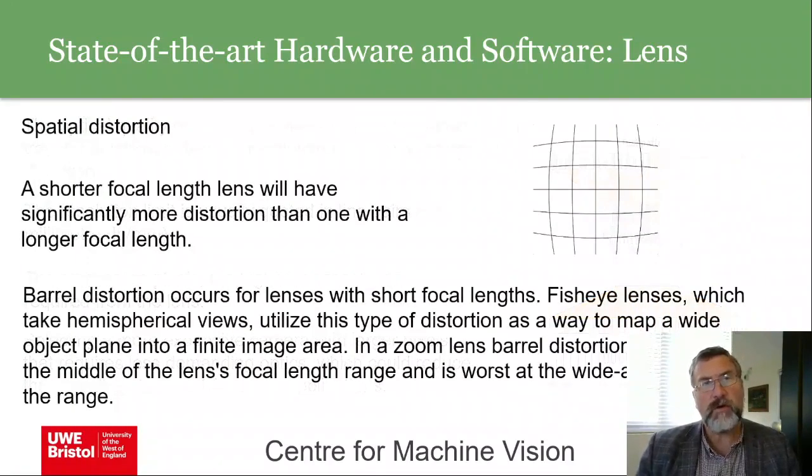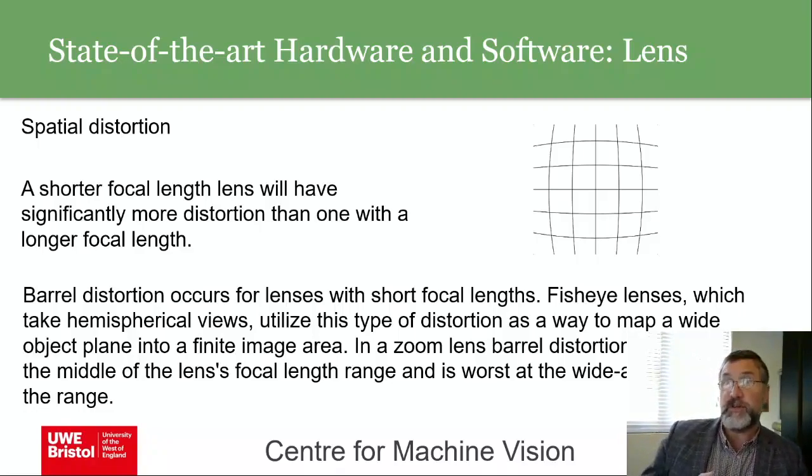One thing to be aware of is that you don't always want to get a very small focal length. Focal length being the distance from the center of the lens to the sensor. Now a shorter focal length lens will have significantly more distortion than one with a longer focal length. You might notice this when you use your digital camera, whether it's in a smartphone or not. Supposing you're taking an image of the inside of a building, and you might have a beam on the ceiling.